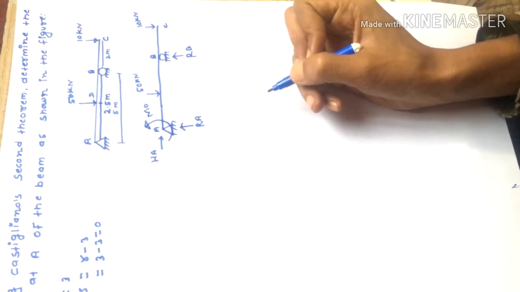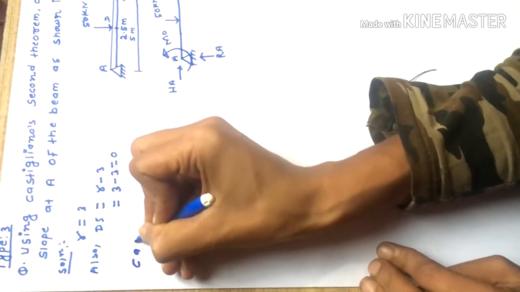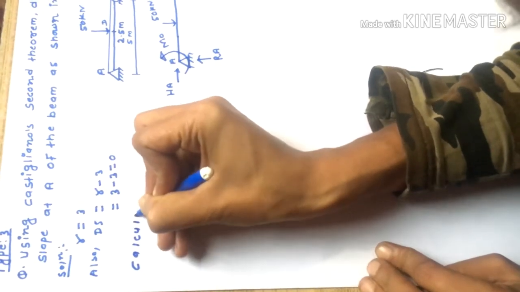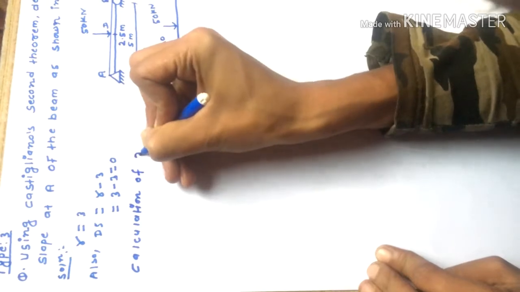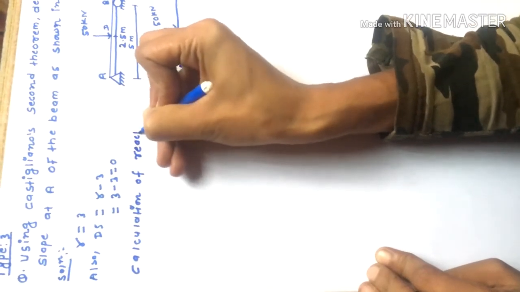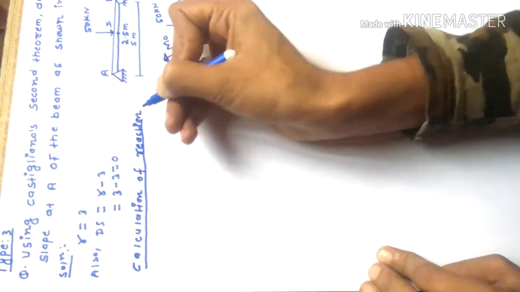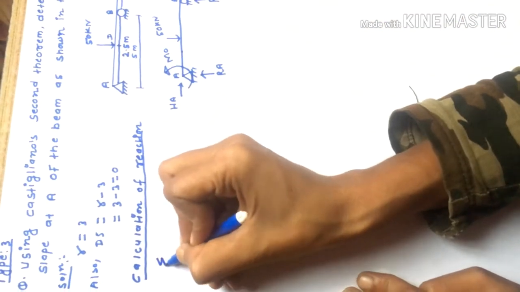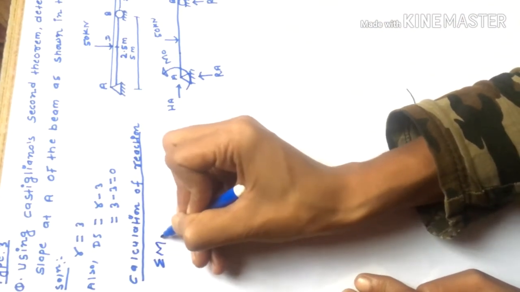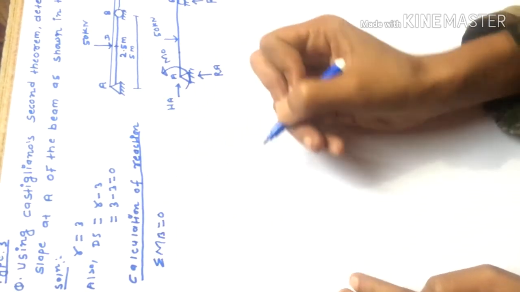So the next step is calculation of reactions. Here let us take moment about point B. According to the equation of equilibrium, summation of MB is equal to 0.